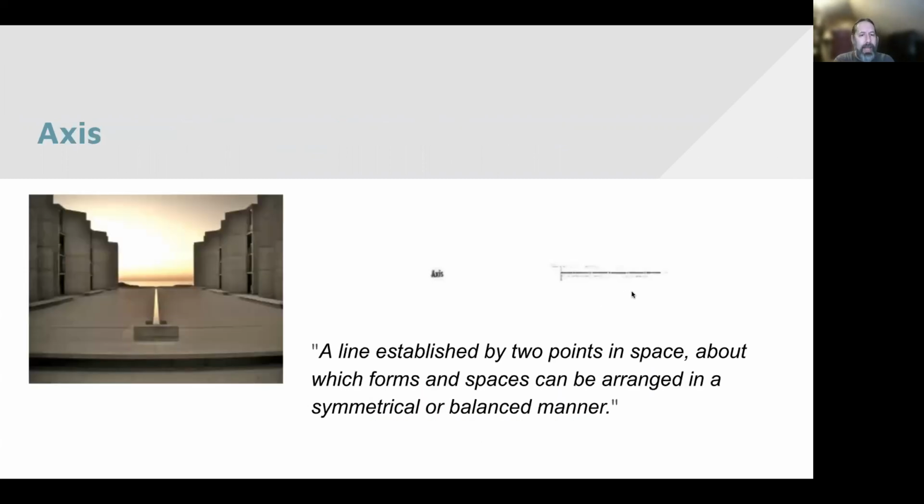All right, axis. An axis in this case is a line established by two points in space, about which forms and spaces can be arranged in a symmetrical and balanced manner. In the picture here, we see that this architectural structure is formed around two different axes.